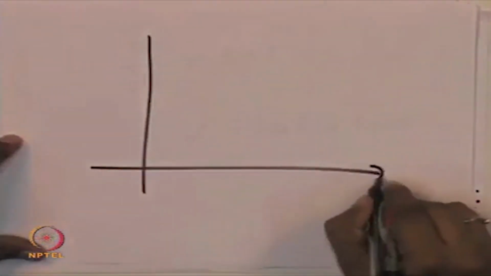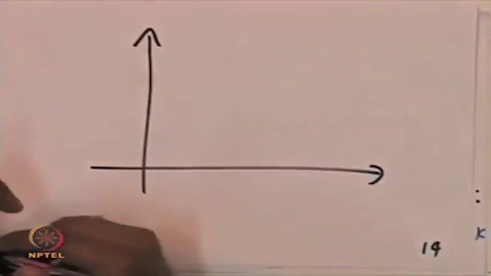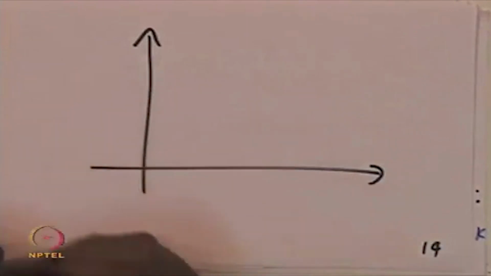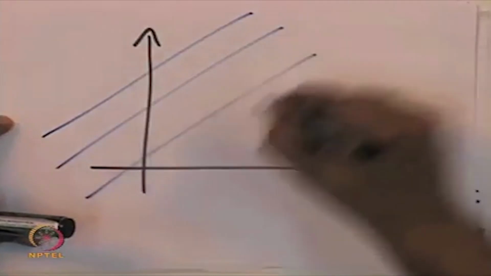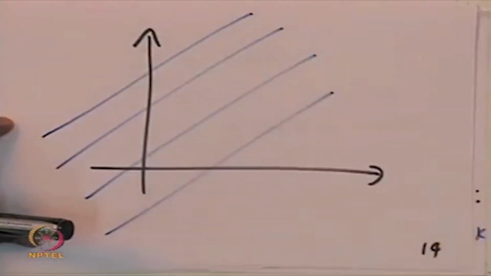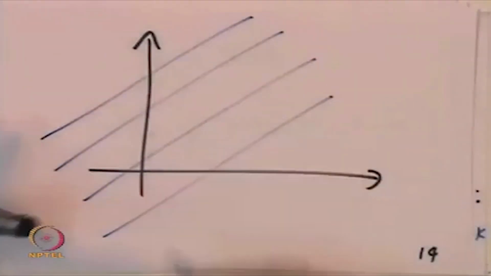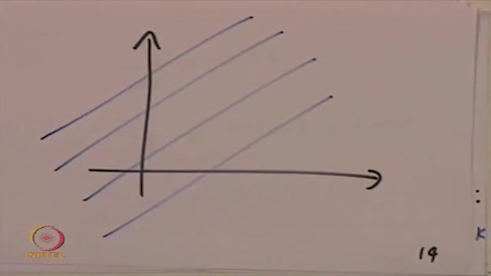So, previously we asked this question. Have a look here. We asked this question, draw a curve of slope m, and then we drew many curves, because all of these curves have slope m, so you have a set of curves with slope m.